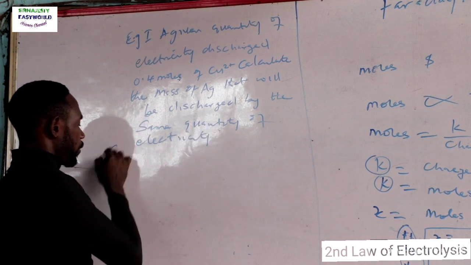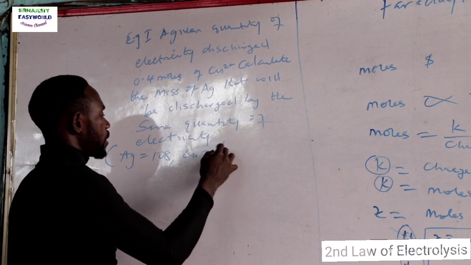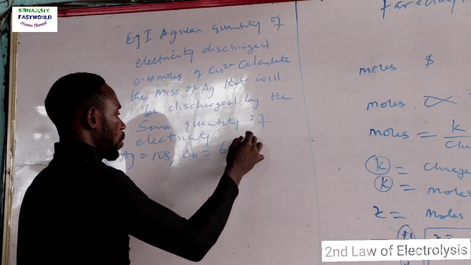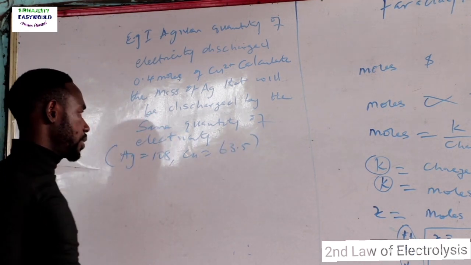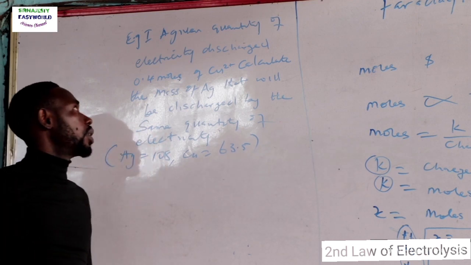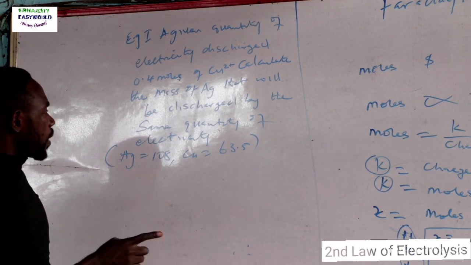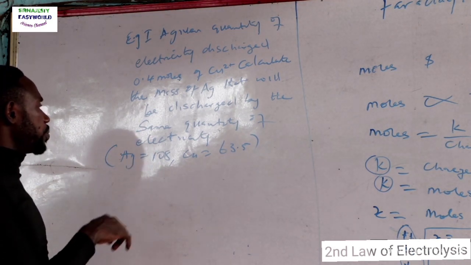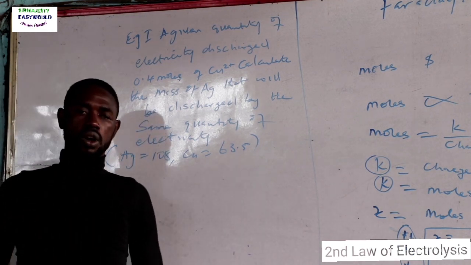So in brackets you'll be given that silver is 108 and copper is 64 or 63.5, depending on what the examiner wants you to use. They might give you Faraday to confuse you, just to know if you know what they're doing. Now, if you are faced with this question, a given quantity of electricity discharged 0.4 moles of copper, calculate the mass of silver that will be discharged by the same quantity of electricity, this is Second Faraday's Law.